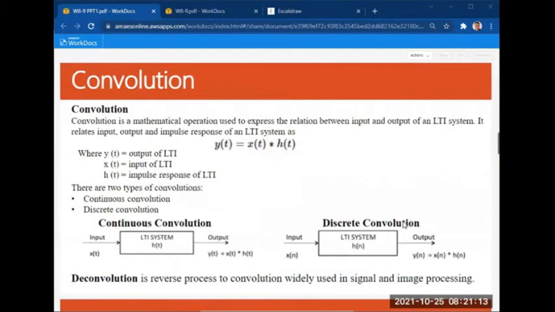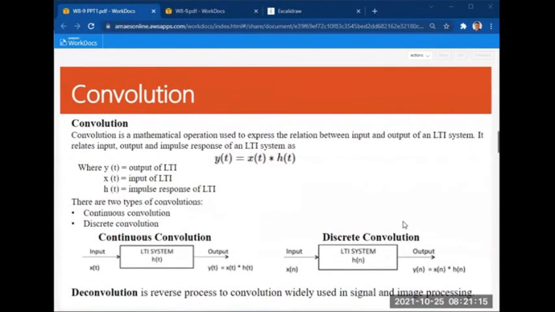For the definition, convolution is a mathematical operation used to express the relation between input and output of a linear time invariant system. It relates the input, output, and impulse response of a linear time invariant system.